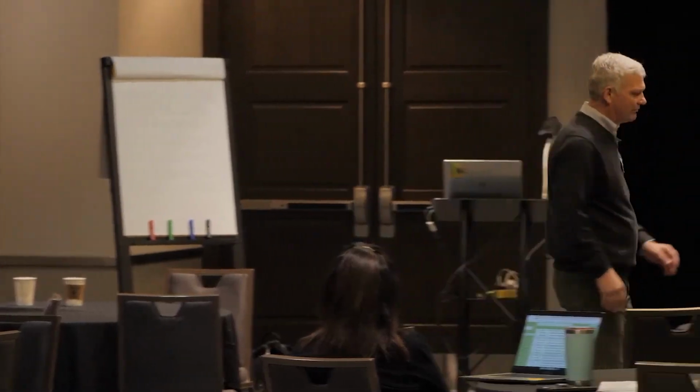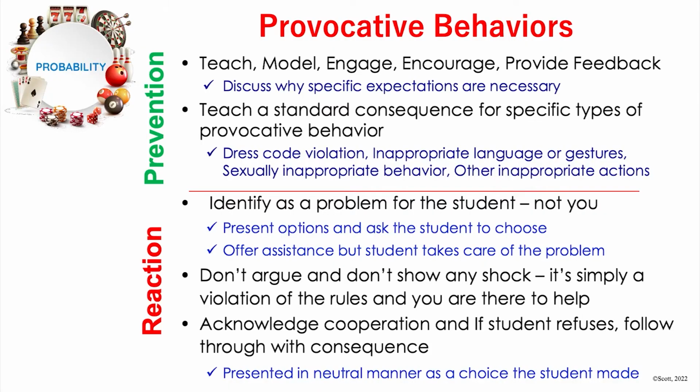When we think provocative behaviors, it starts with prevention, which is teaching. Again, teach, model, engage, encourage, provide feedback about why these things are inappropriate. So on the day that he shows up with that shirt, I shouldn't have to tell him why it's inappropriate, because we should have already had this discussion.